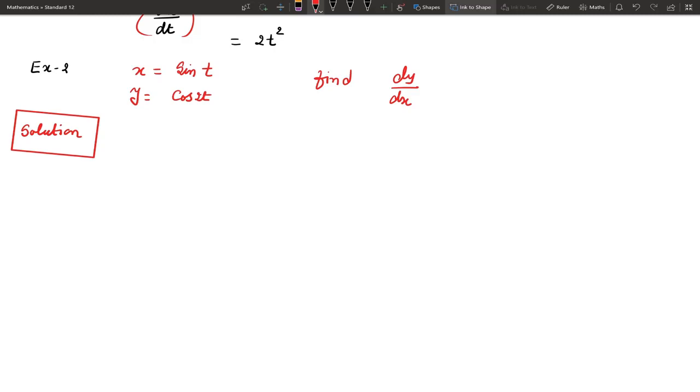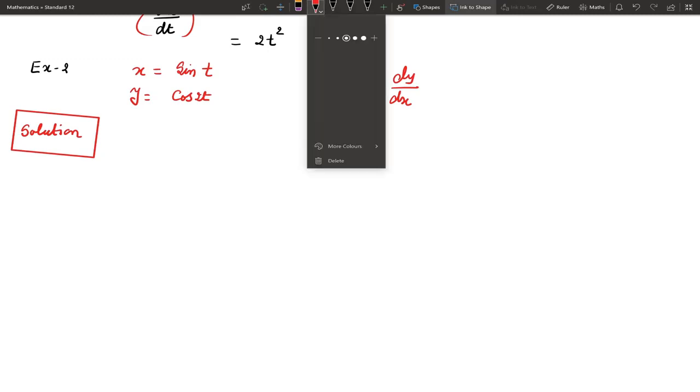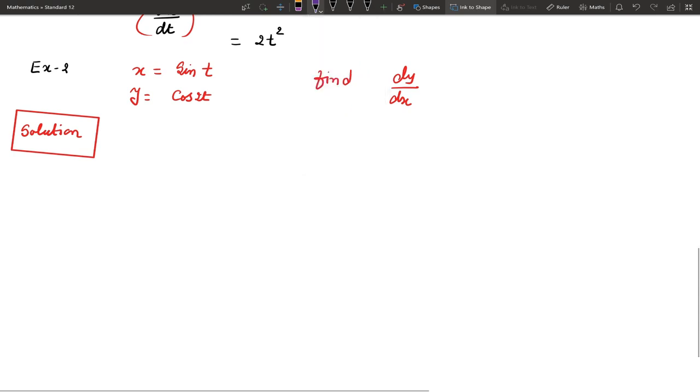So dx by dt, x equal to sin t. So dx by dt, derivative of sin t with respect to t, it is cos t.